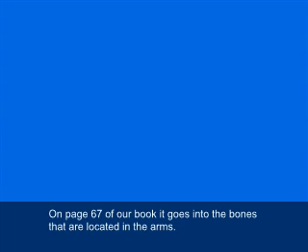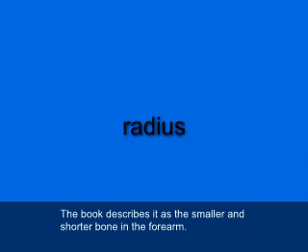On page 67 of our book, it goes into the bones that are located in the arms. And it points out there are two bones that make up the forearm, basically, and that is the radius, and the book describes it as the smaller and shorter bone in the forearm.